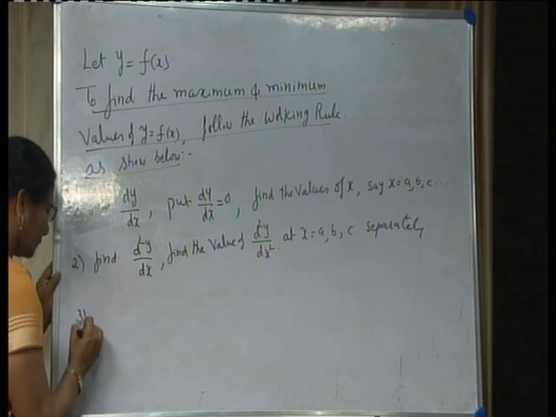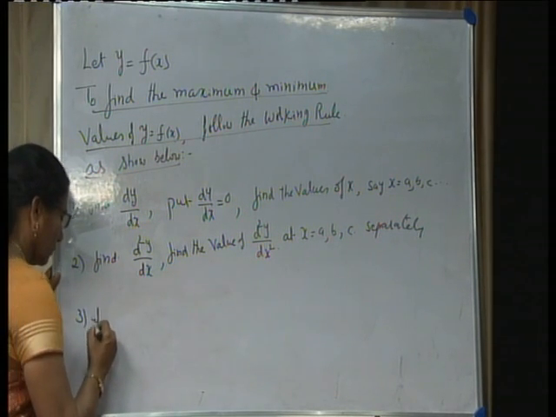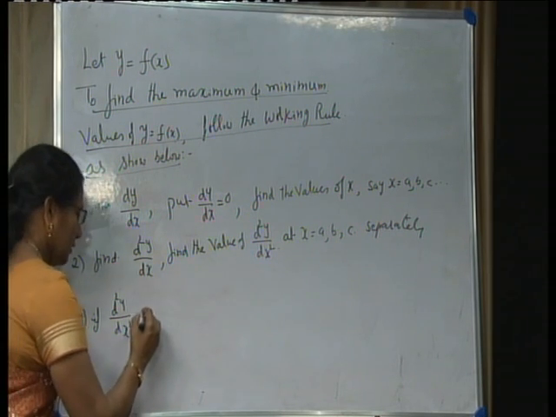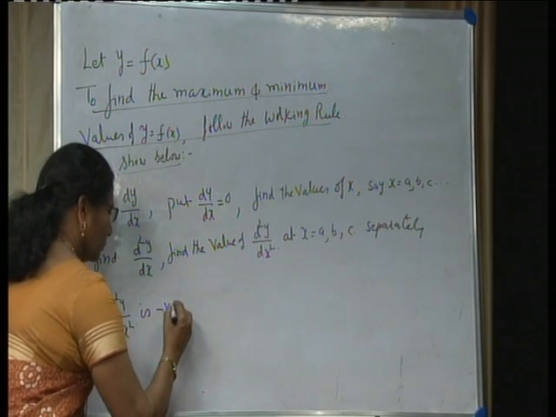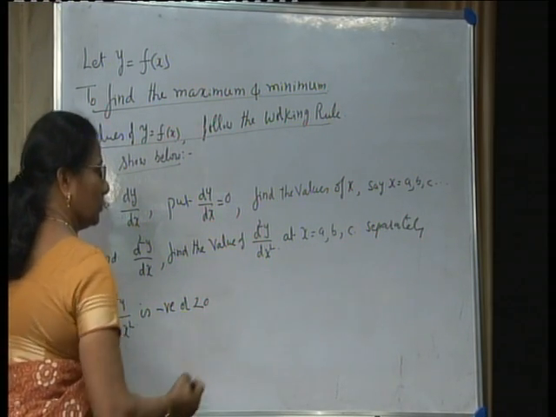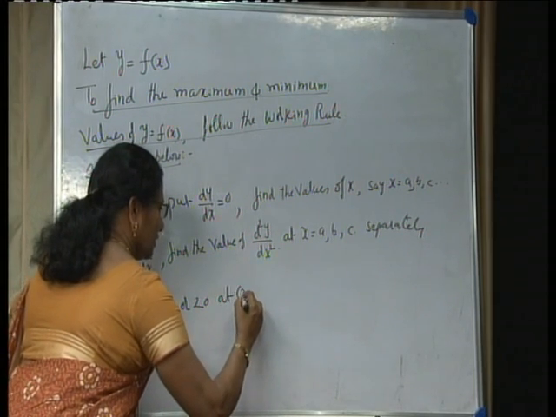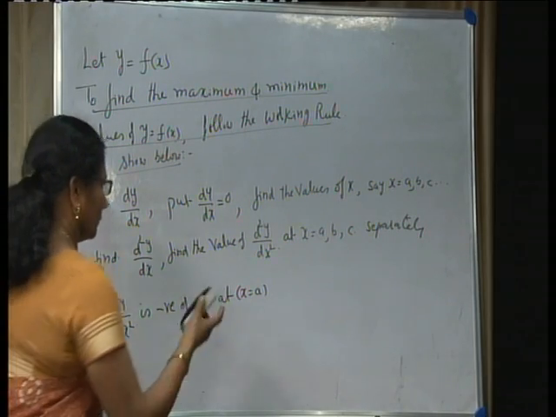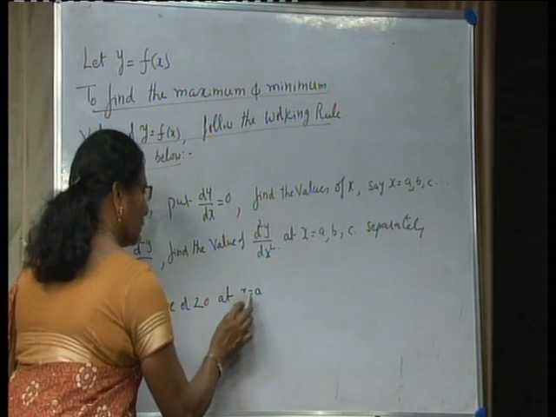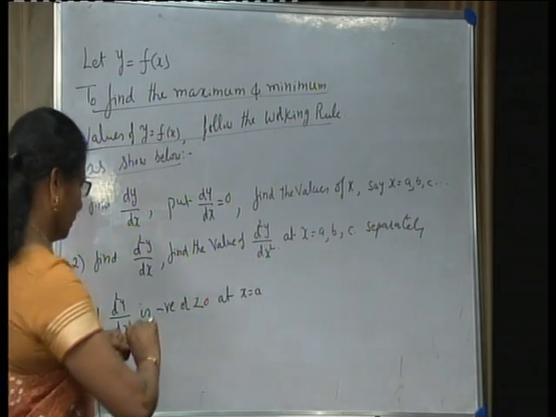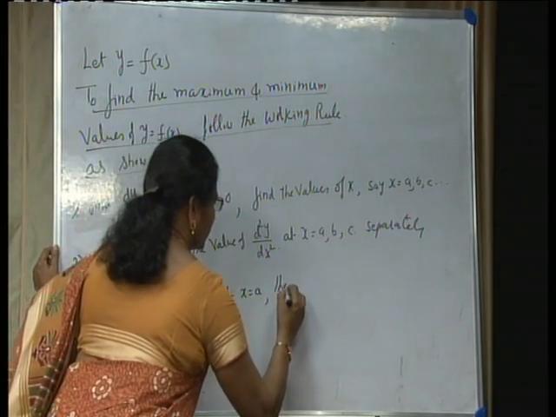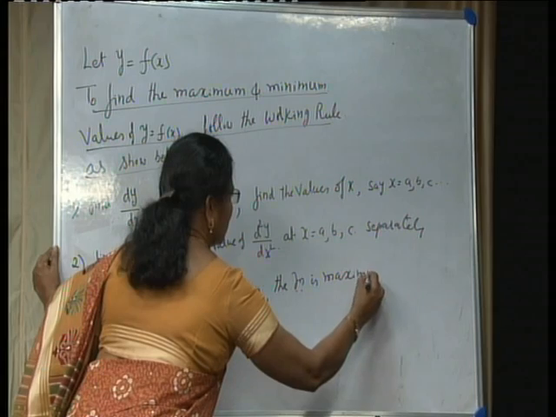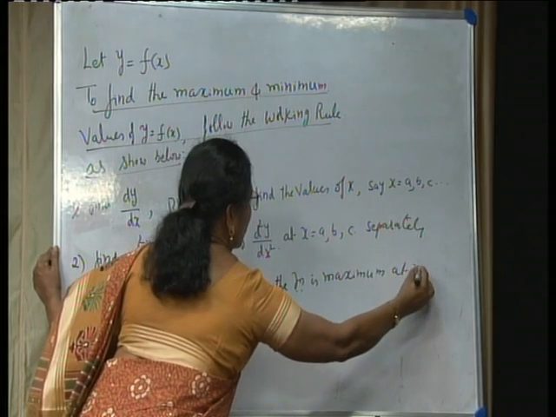The third one, if d squared y by dx squared is negative or less than 0 at x is equal to a, the function is maximum at x is equal to a.